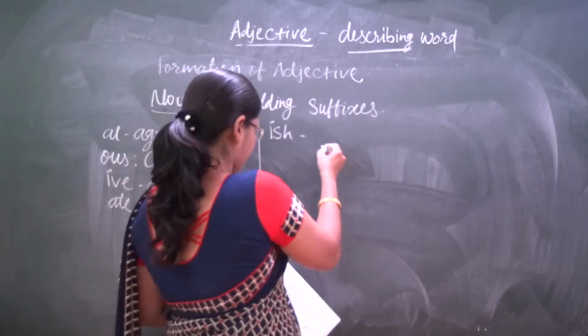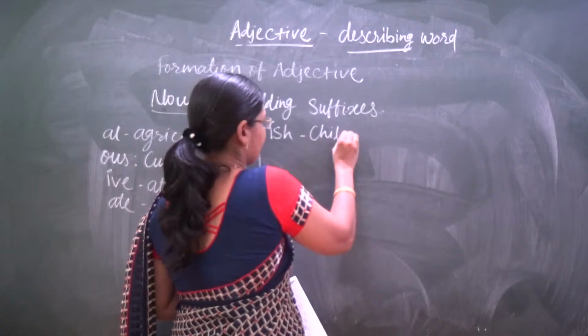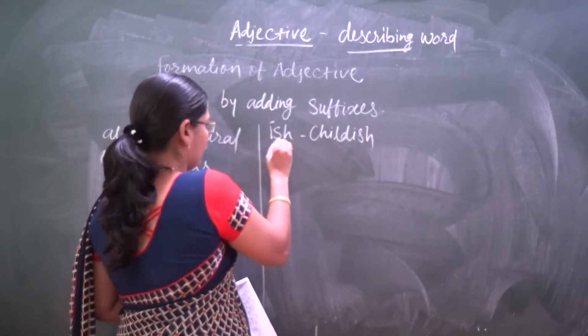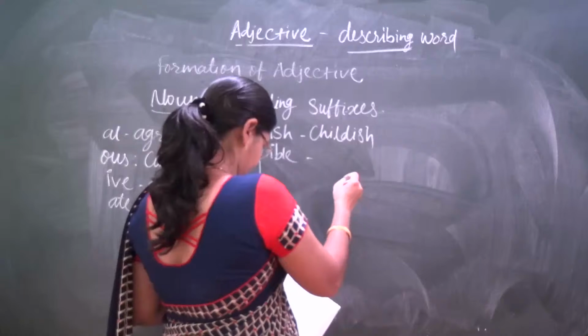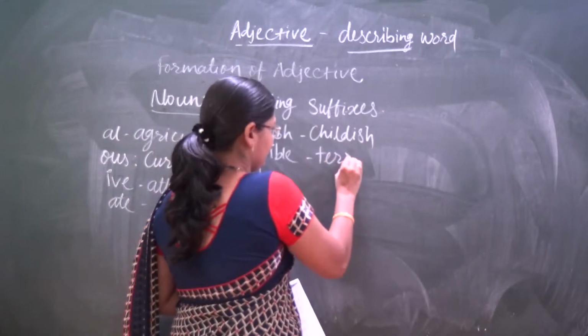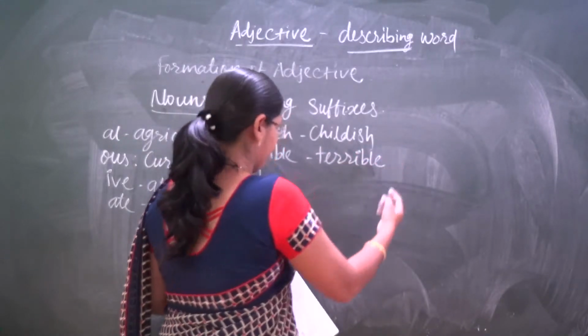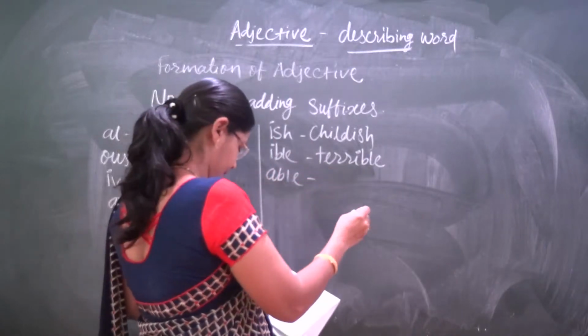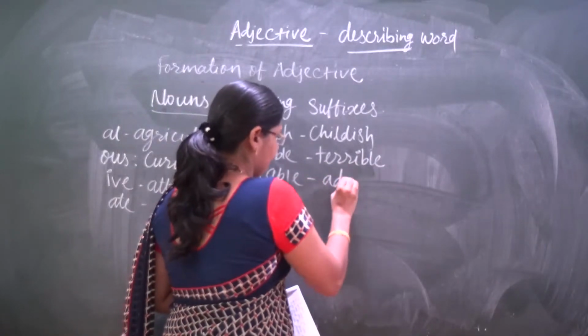Ish: childish. Ible: terrible, horrible. Able: adorable.